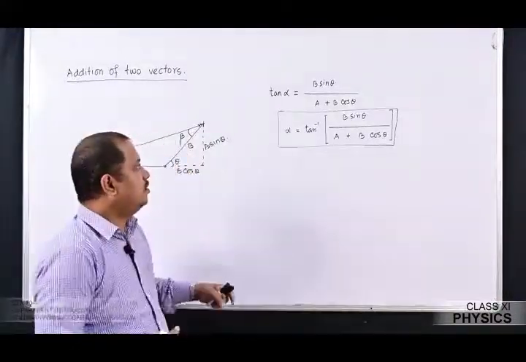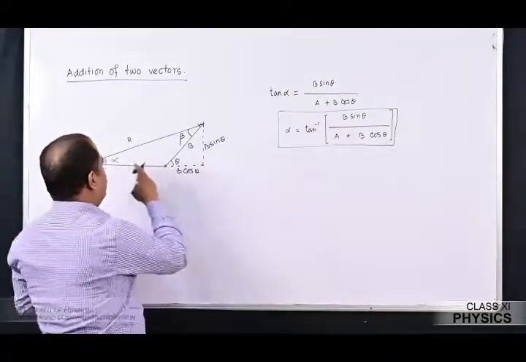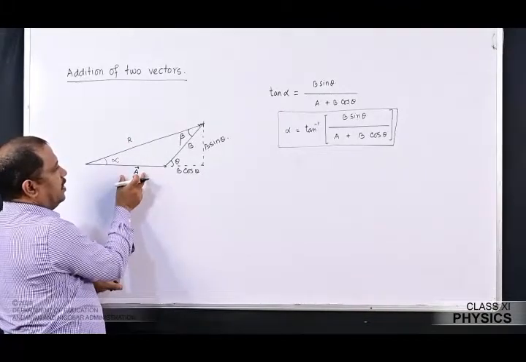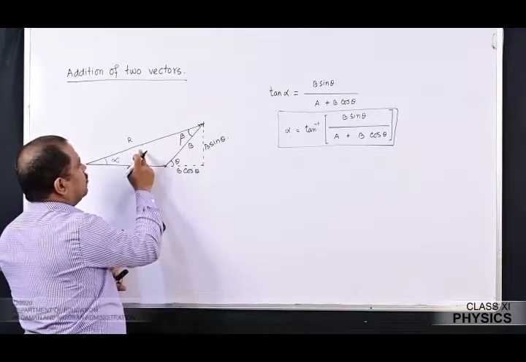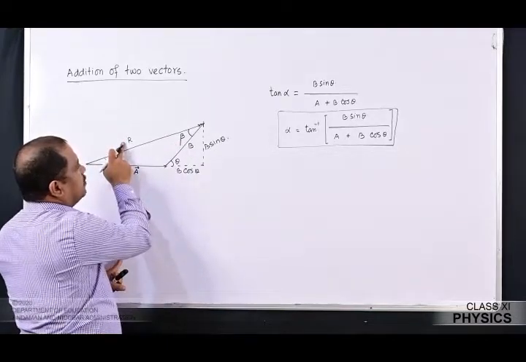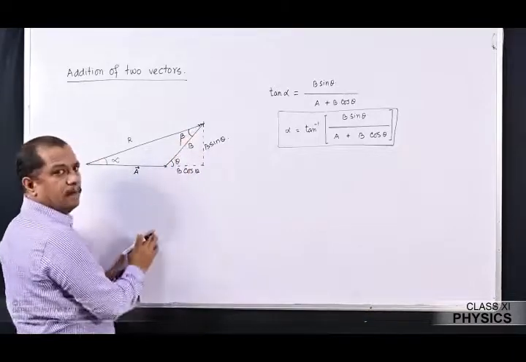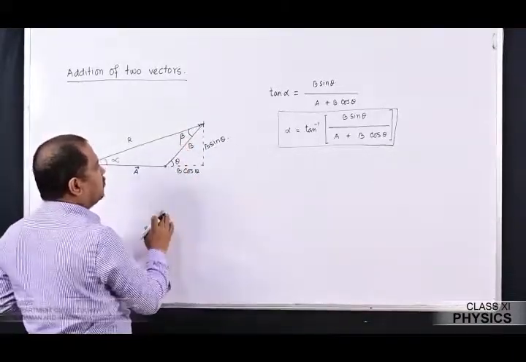We have found the formula for calculating the angle alpha that the resultant vector makes with the vector A. I can also express the direction of the resultant vector with respect to vector B in terms of angle beta. So how to calculate beta?